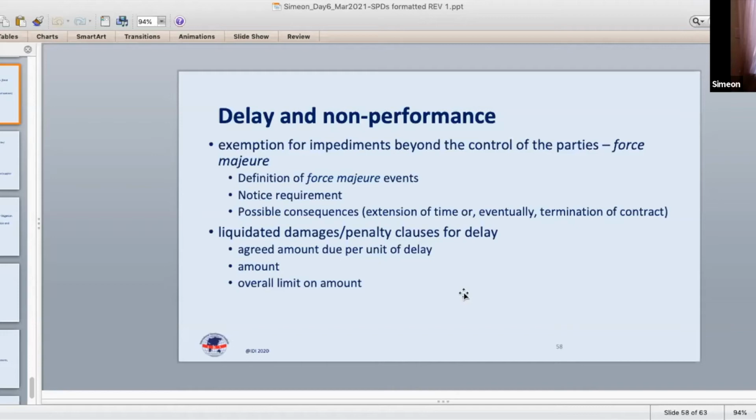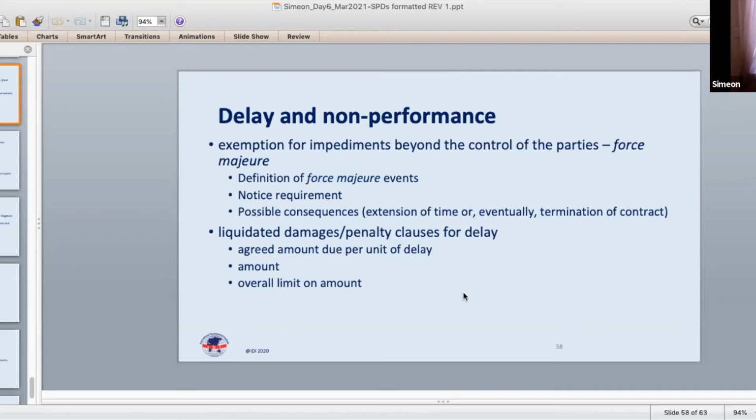The other aspect dealt with here is liquidated damages or penalties. Those two terms are used interchangeably very often. The reason in some systems they use liquidated damages and in other systems they use the term penalty for the same thing is because there are peculiarities of the UK or US common law type of legal system and its terminology as opposed to other legal systems.